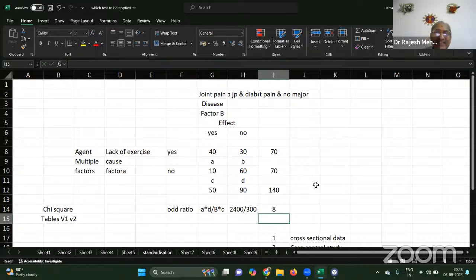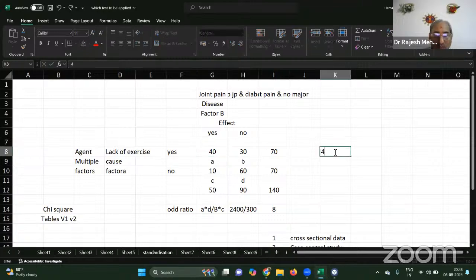But suppose this is a cohort study, then in a cohort study you can definitely find out the relative risk. What is the risk in this case? Lack of exercise risk is 40 out of 70.